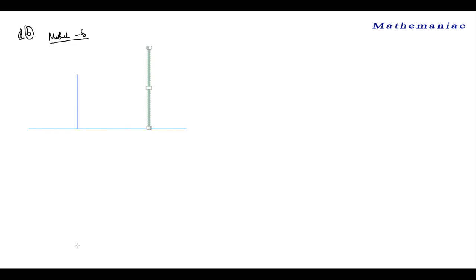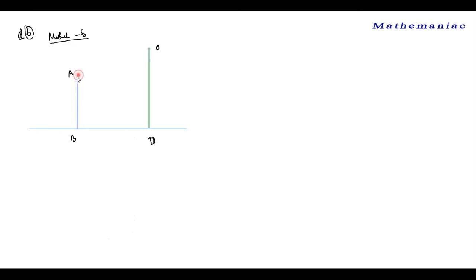Now, the towers' names I want to give: this is AB and this is CD. In my figure it is very clearly visible that tower CD is higher than tower AB.